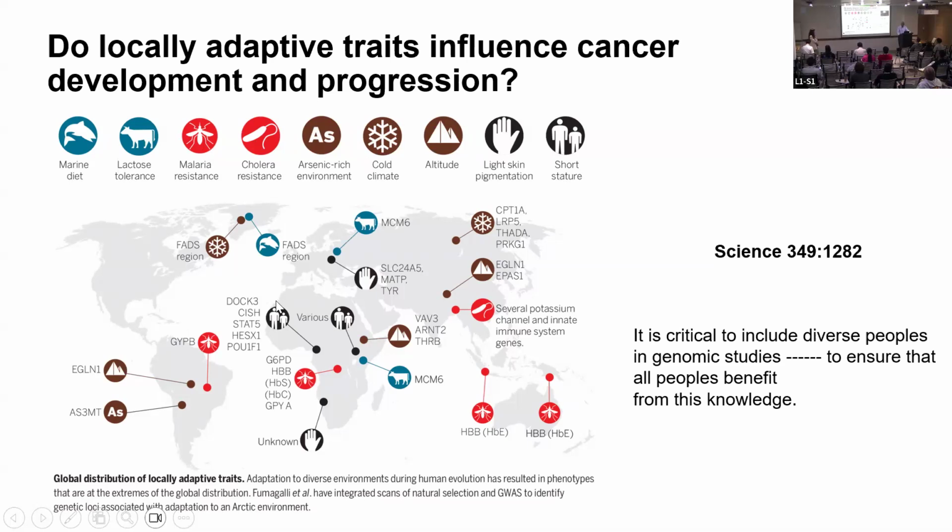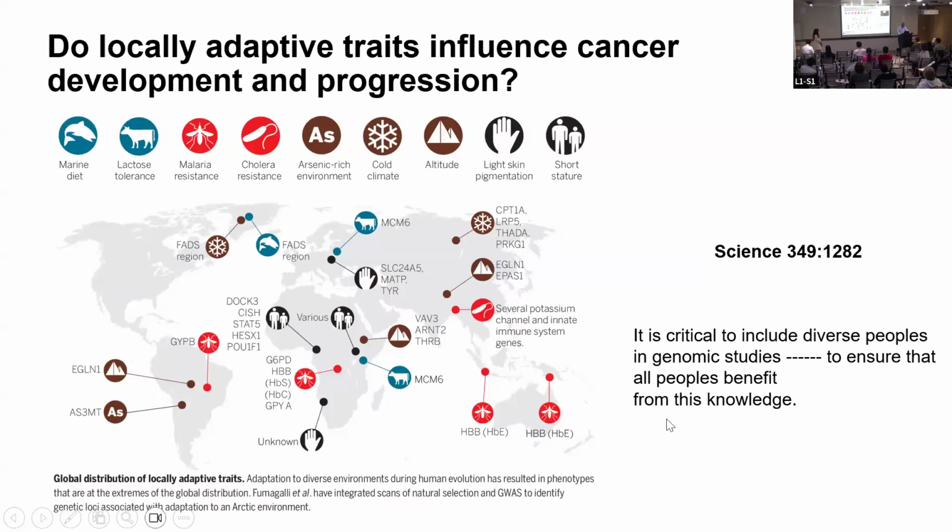Some of the genes, they have the GWAS in these genes have been linked to various phenotypes that we have. Because of these adaptive traits, in addition to our genetic variants, which make us who we are, humans are very different. So that's why we need to critically include diverse people in genomic studies to ensure that all people benefit from this knowledge.